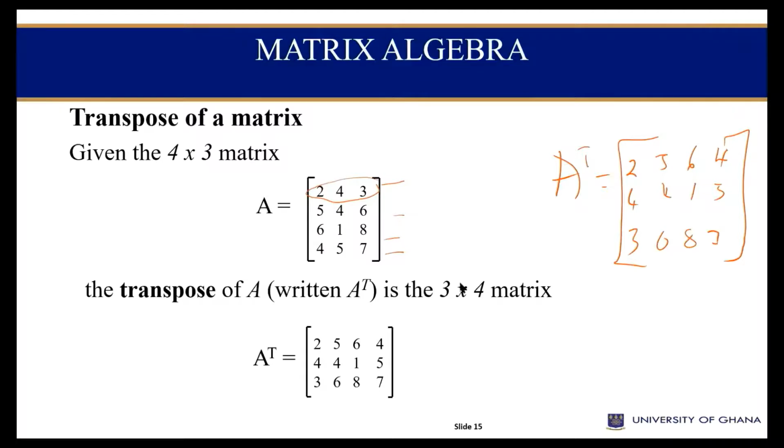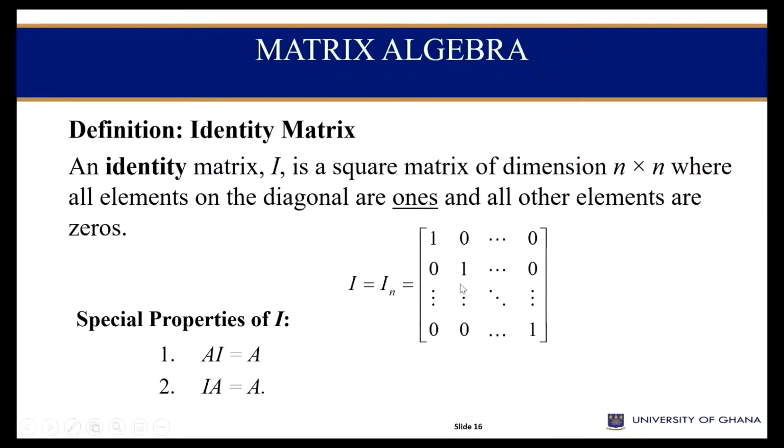We make progress. Therefore, after we're done with the operation, you need to also understand what we call an identity matrix. Because we'll be using the identity matrix in the ensuing classes, okay? An identity matrix is a matrix in square form, which means the dimension is n by n.